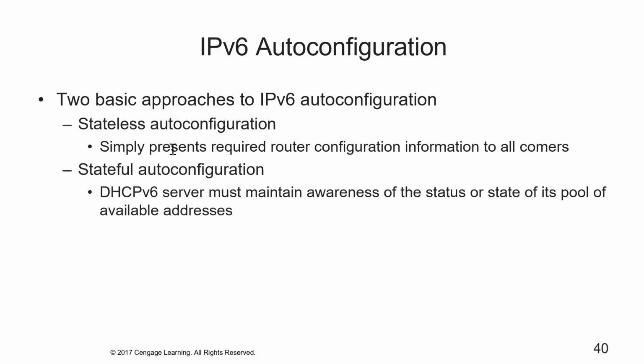DHCP for IPv6 is known as DHCPv6 and is considered stateful auto-configuration because the DHCPv6 server must maintain awareness of the status or state of the pool of available addresses, the presence or absence on the network of permitted clients, and a variety of other parameters. Each method has its advantages and disadvantages, and we're going to talk about those.